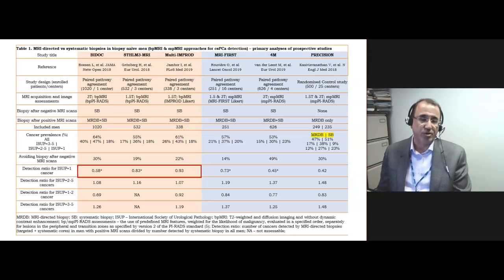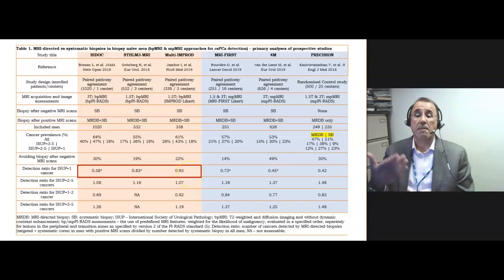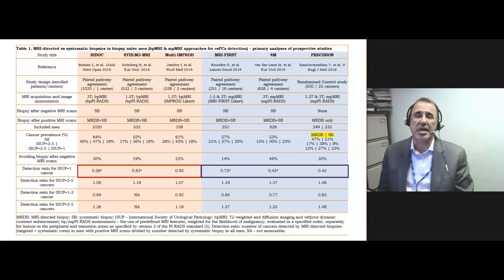And in fact, if you look at 3 prospective studies, each looking at biparametric MRI, you can see that all of the studies enable you to avoid the diagnosis of clinically insignificant cancers because you reduce the total number of biopsies performed. And this applies, of course, equally to multiparametric MRI.